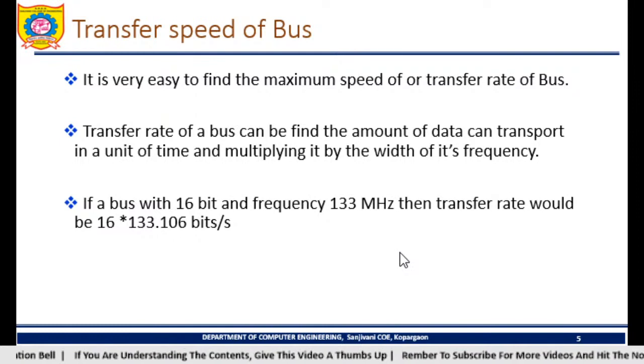Why am I saying currents? Either it is sending 0 or 1, because computers communicate in zeros and ones only, right? So the frequency was 133. What is the transfer speed of that bus? That is 16 into 133 into 10^6 bits per second. Okay, so 10^6, that is the megahertz conversion.